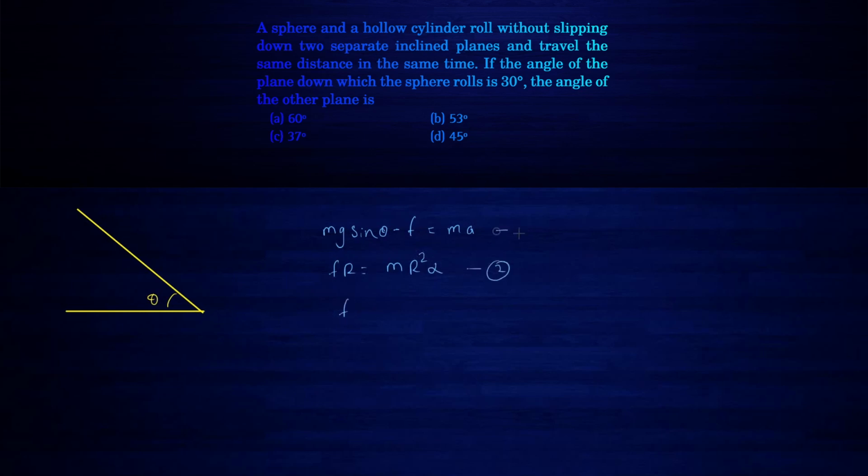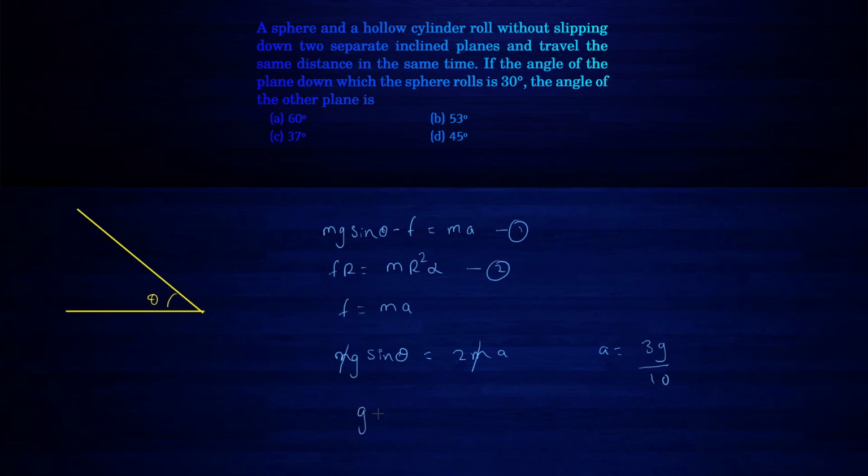Using the first equation, F equals ma, so mg sin theta equals 2ma. And we got the value of a from the previous case, that a equals 3g by 10.